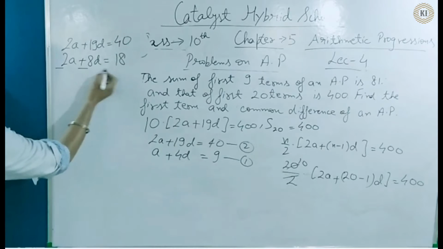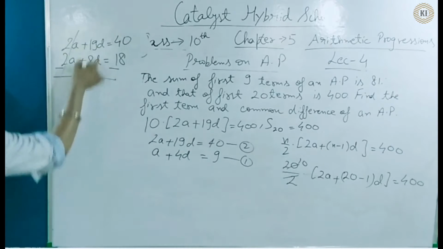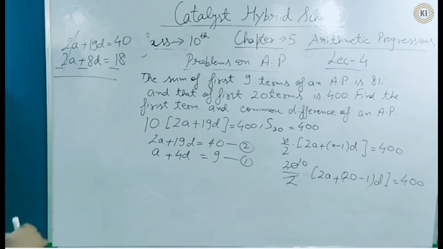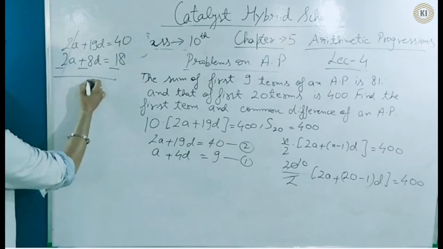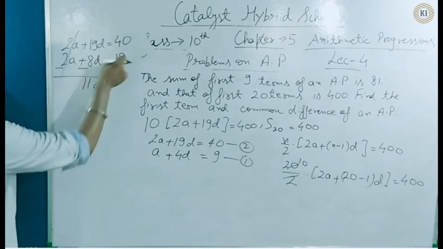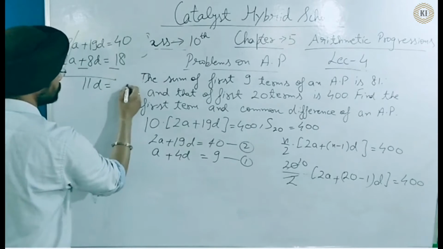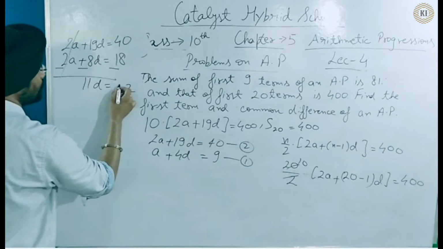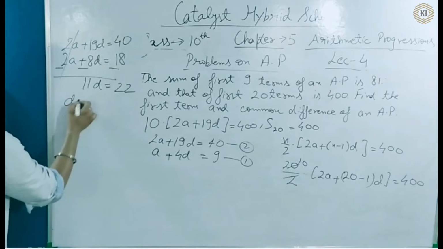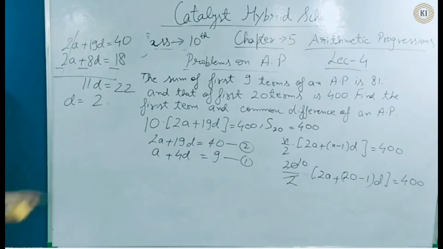So minus, minus, cancelled. 19 minus 8 will be 11d and 40 minus 18 will be 22. So the value of d will be 2.